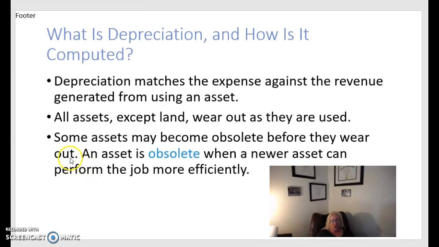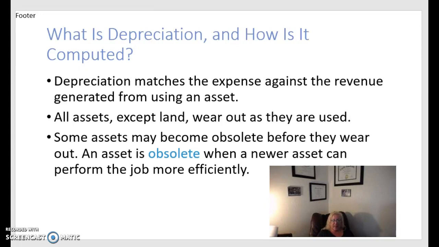So what is depreciated and how is depreciation computed? Depreciation is the allocation of a plant asset's cost to expense over its useful life. Depreciation matches the expense against the revenue generated from using the asset to measure net income.